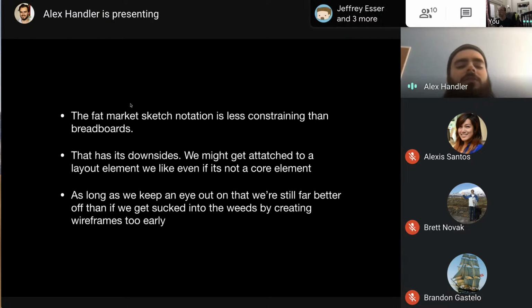But they say as long as we keep an eye out for that, it's still far better off than getting stuck in the weeds by creating wireframes too early, right? Obviously fat marker sketches are much less detailed than wireframes, so even though the sketches are visual, it's still much harder to get caught up in details.